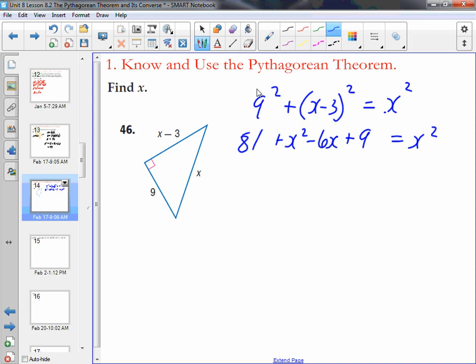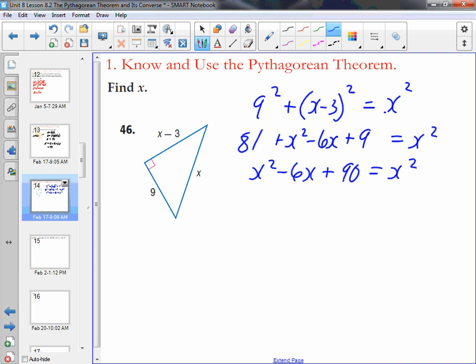All right, well, let's see here. So I've got x squared minus 6x, 81 plus 9 is 90 equals x squared. And I know what you're thinking. You're thinking, oh, that's a quadratic equation because it's got an x squared in it. And gosh, how did they teach us how to do that? And you're not thinking that? You should be thinking that.